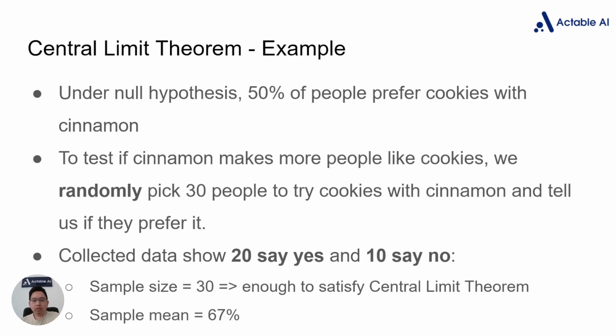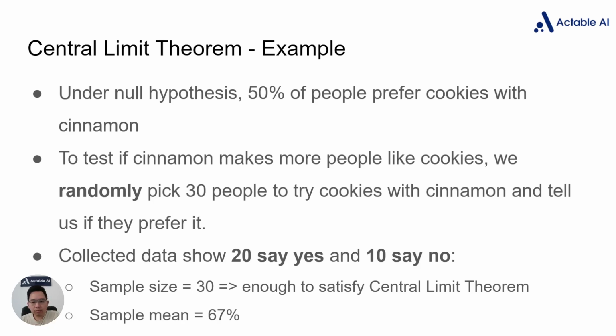So looking back at the example of our baker, under the null hypothesis, 50% of people prefer cookies with cinnamon. To test if cinnamon actually makes more people like cookies, we randomly pick 30 people to try the cookies with cinnamon and tell us if they prefer it or not.